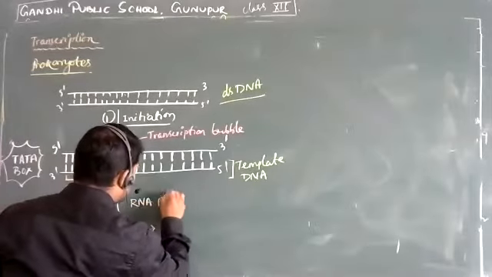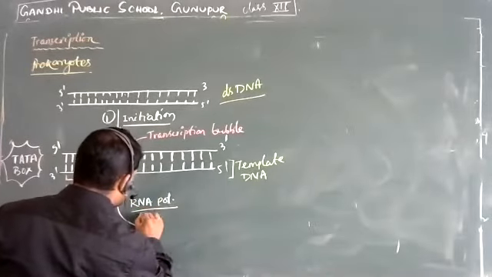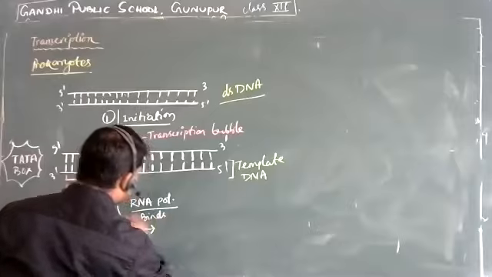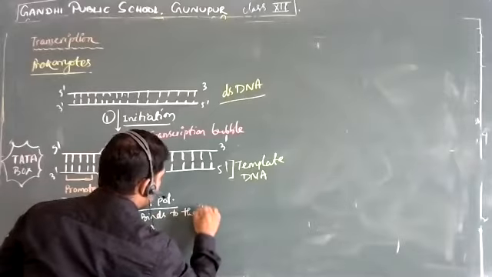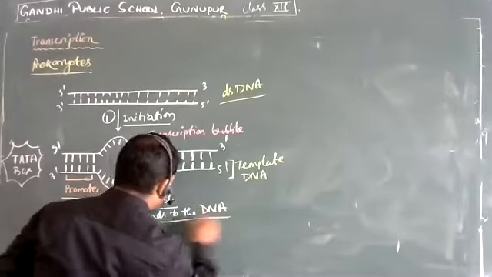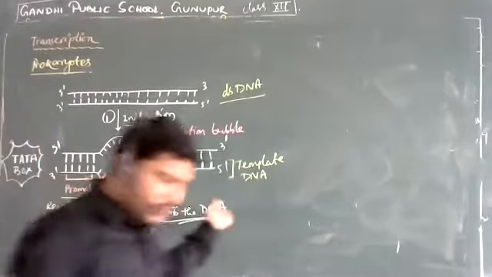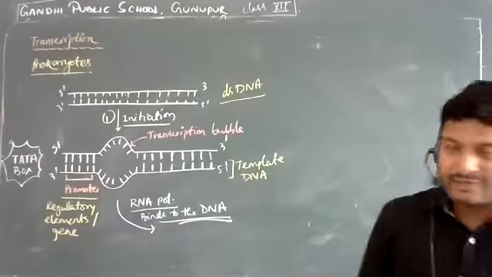RNA polymerase, or simply RNA pol, binds to the DNA based on the promoter region or the recognition sequences.